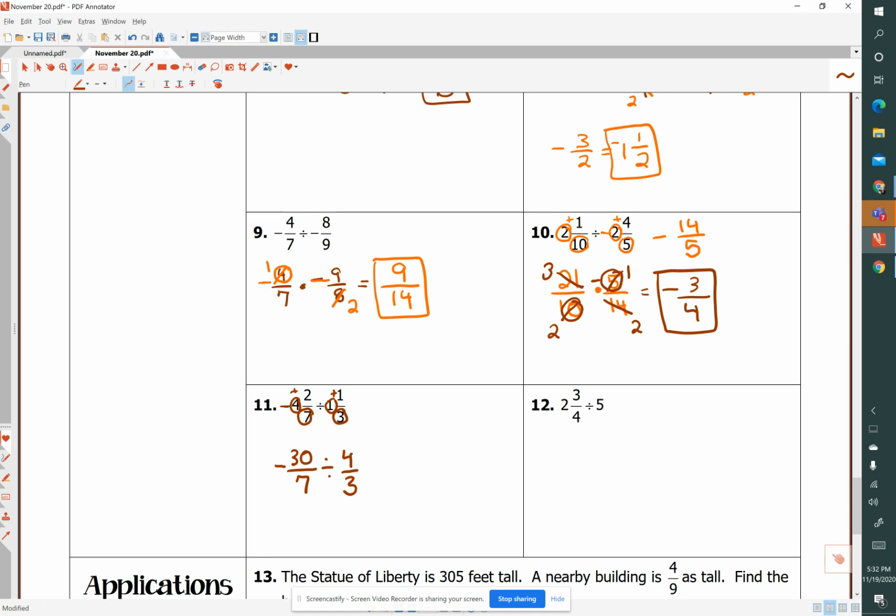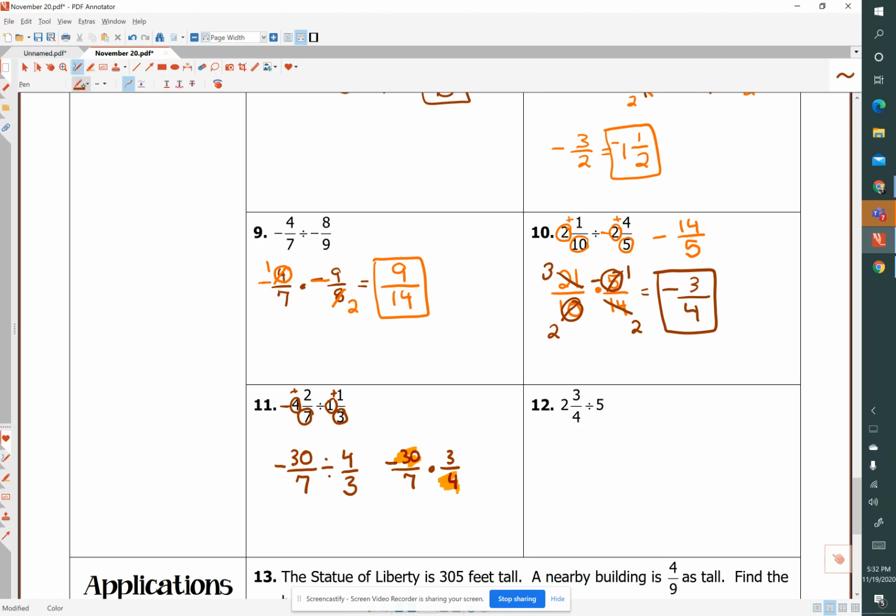Now I'm going to go ahead and flip that, so I'll rewrite it as multiplication, negative 30 over 7 times 3 over 4. Now, I cannot simplify the 3 and the 7, but I do have an opportunity with this 30 and this 4.